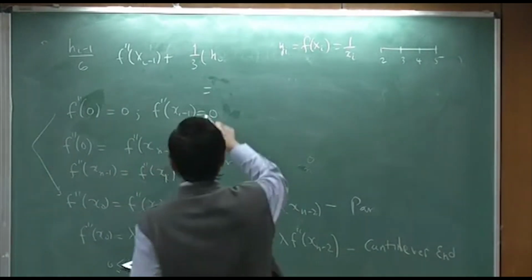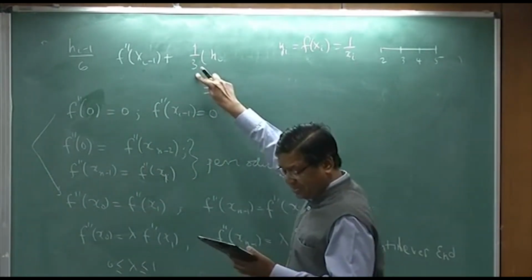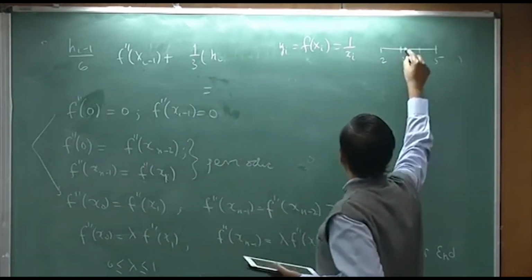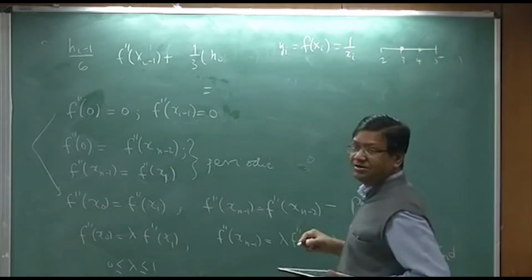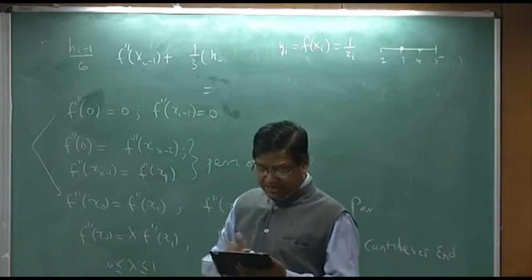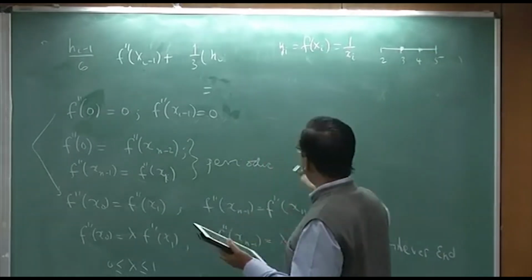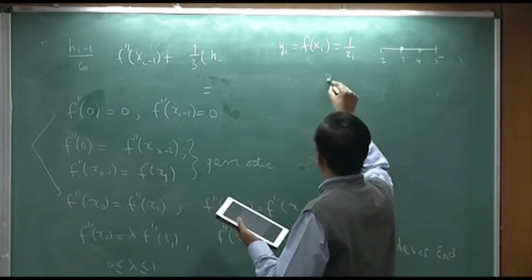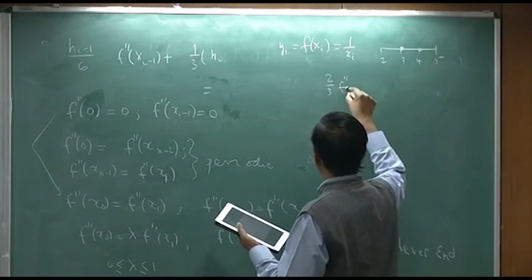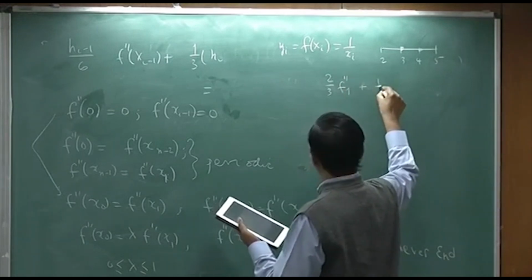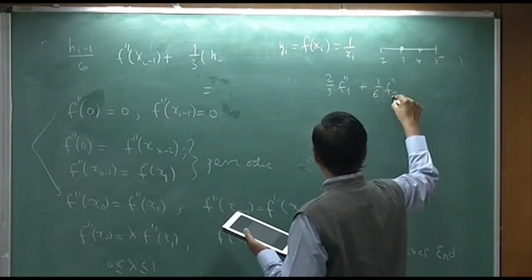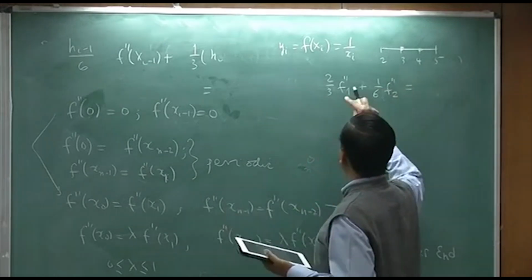So now this equation, the condition equation for f double prime, I can figure out for these 2 intermediate points. And these come out to be, I'll just write down one of them, 2/3. So these are the double derivatives at point 1.